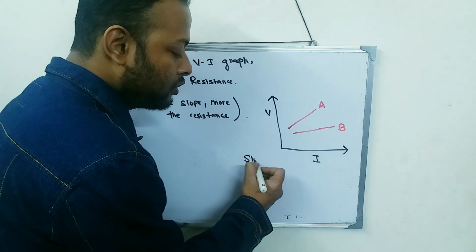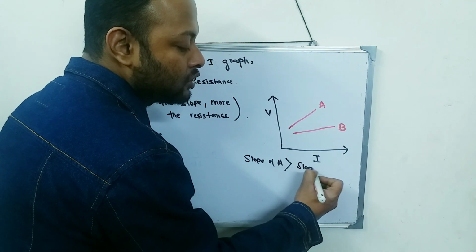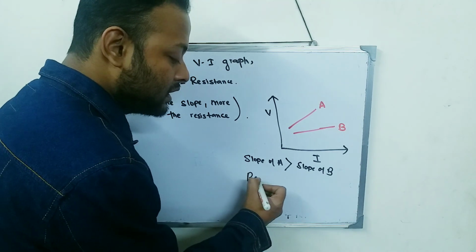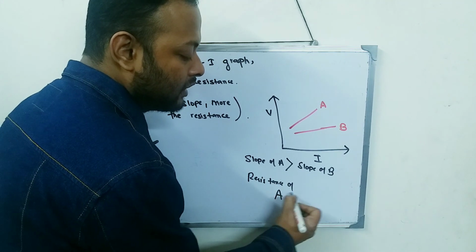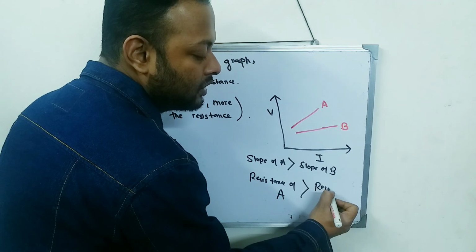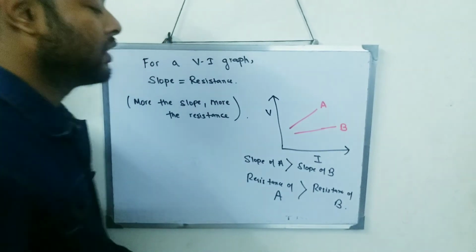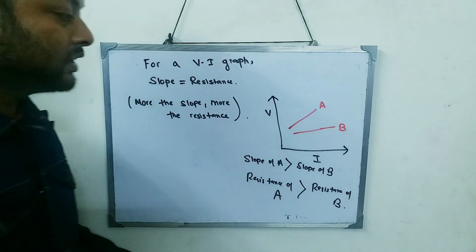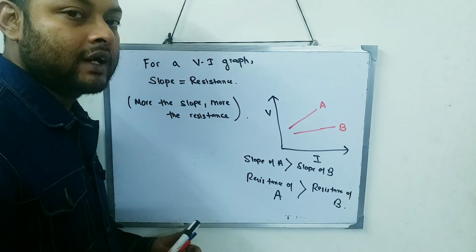So the slope of A is greater than the slope of B. That means the resistance of A is greater than the resistance of B. So this is the whole concept of the VI graph.